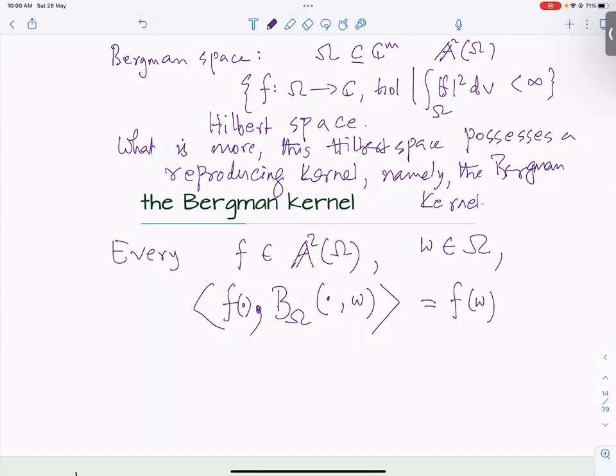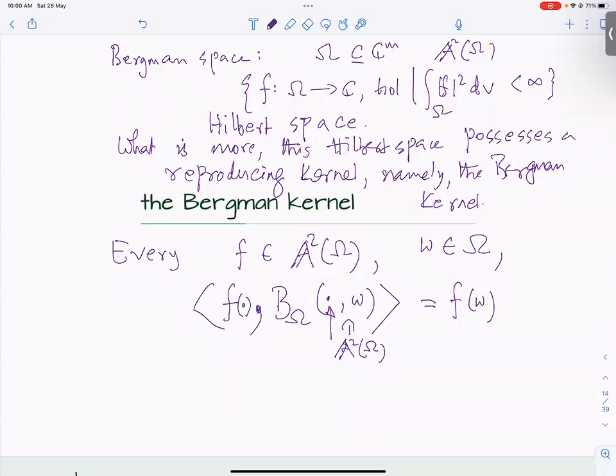B omega is a function in the Hilbert space for every fixed, but arbitrary, omega. B omega dot little omega is an element in A2 of omega.